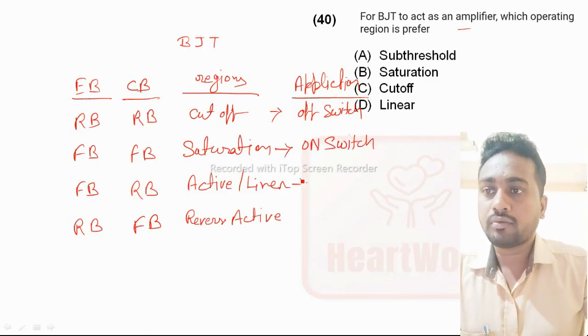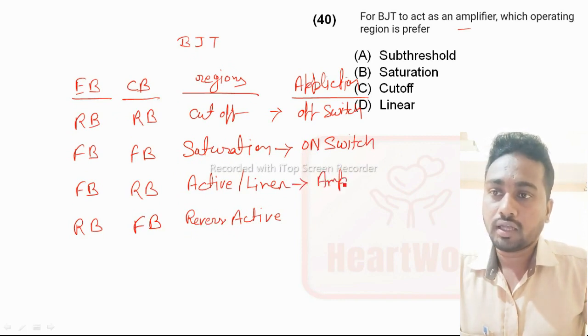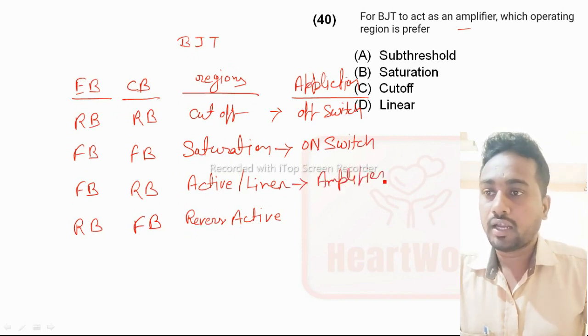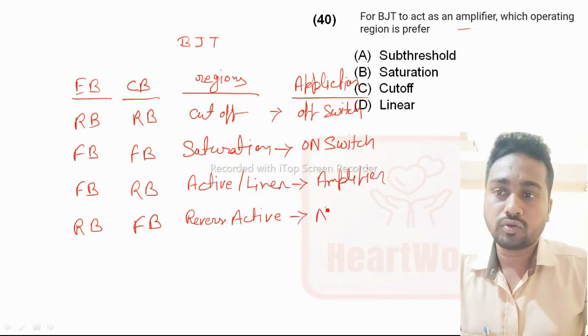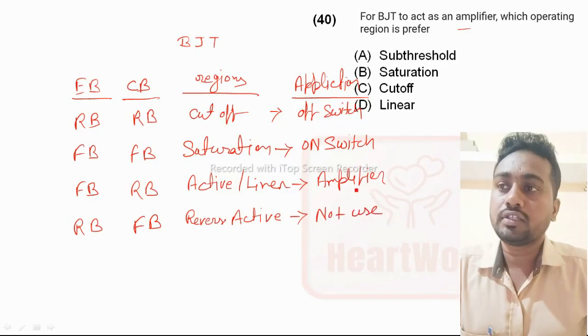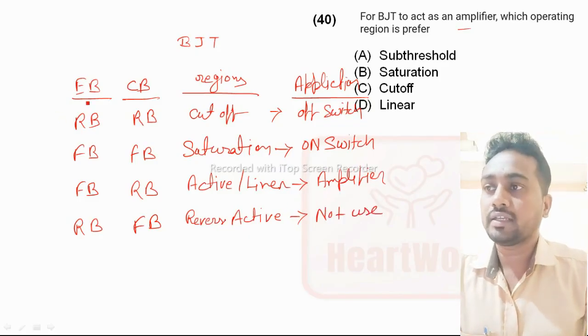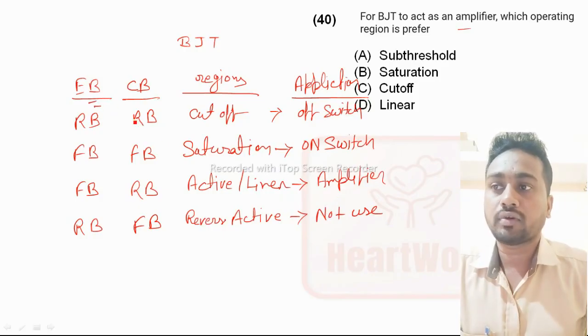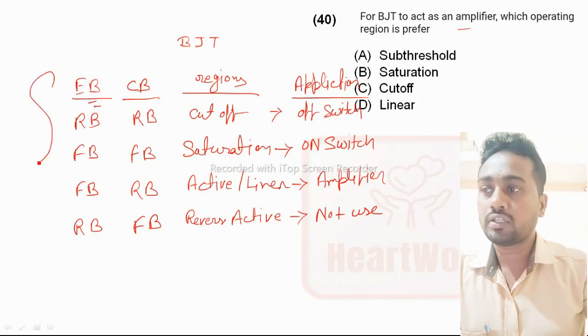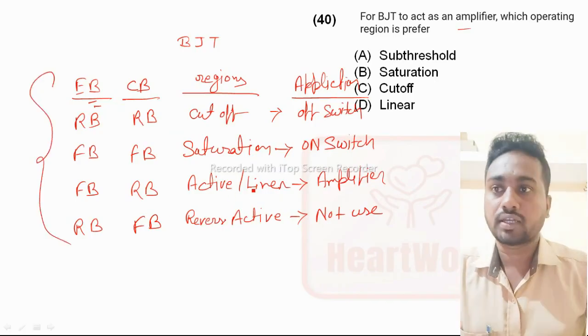And when it is in active or linear region, it will act as an amplifier. In reverse active region there is no use. So these are the regions and biasing, in which bias what it will perform, like this table. You have to remember all these things. Any question can come in the exam.